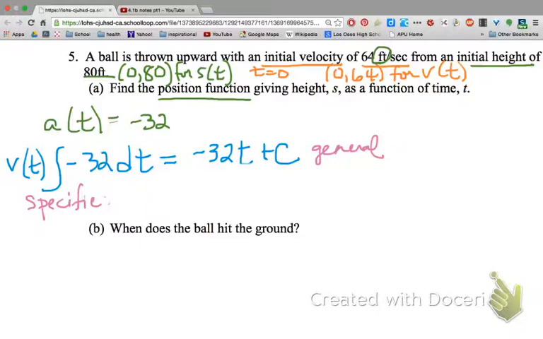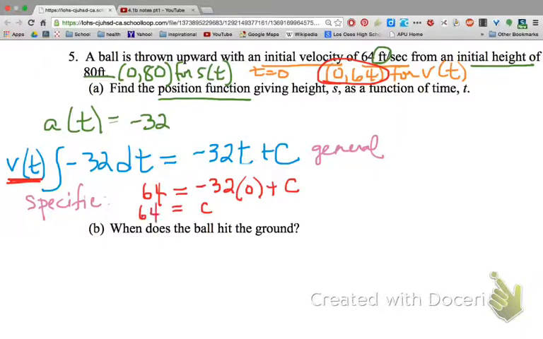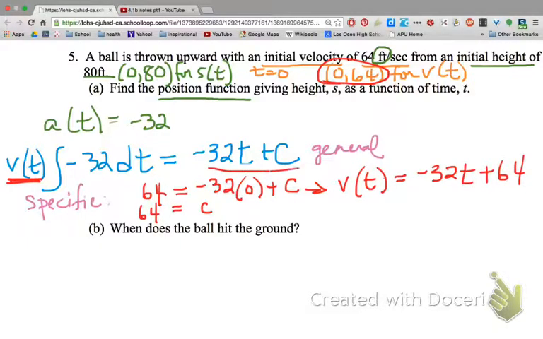So what I know is, back from up here, that for velocity it's 64, so v of t would be 64 equals negative 32 when time is 0 plus c, so c is 64, which means I have velocity is negative 32t plus 64. And all I'm doing is just writing that over and plugging in for the c value.